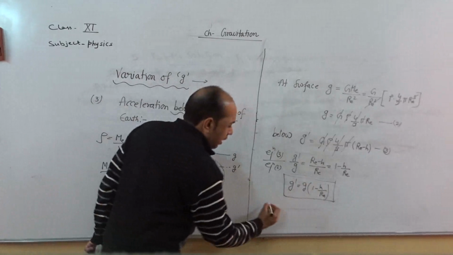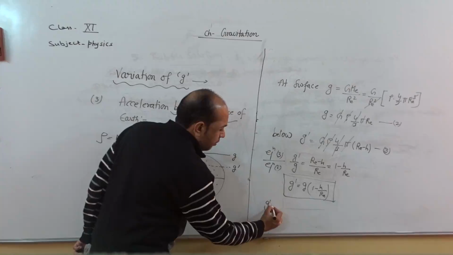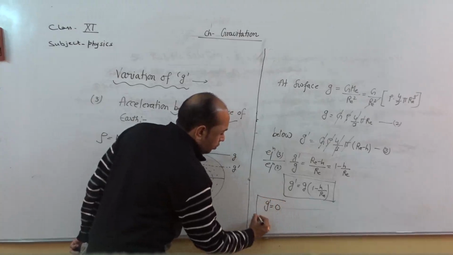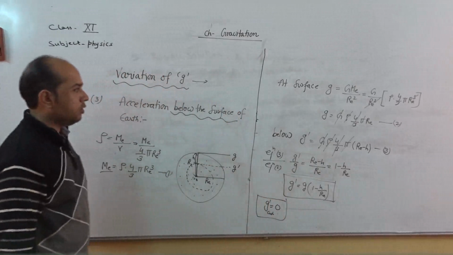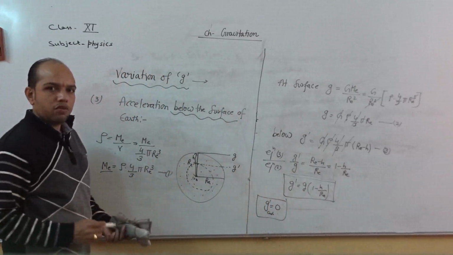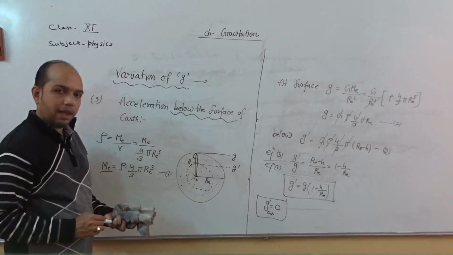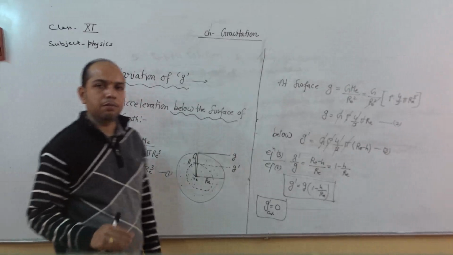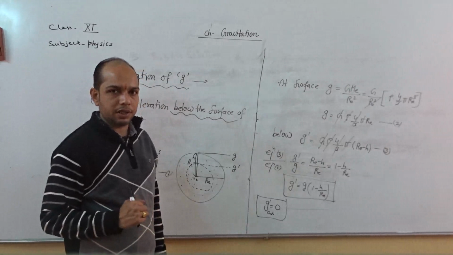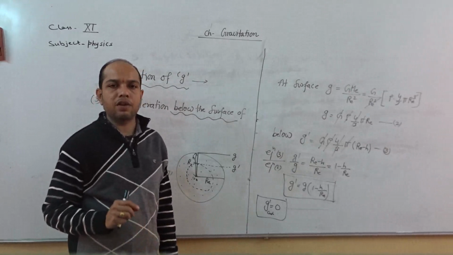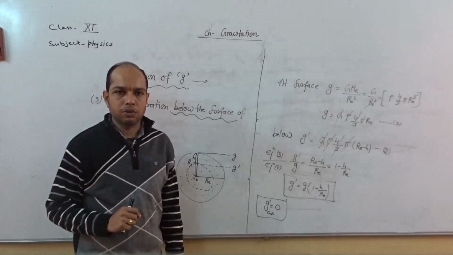So if we replace h equals Re, we find g dash equals 0. That means at the center it is 0. So overall we may conclude that either above the surface of earth or below the surface of earth, gravitation acceleration decreases, and at the center its numerical value is 0. Thank you.